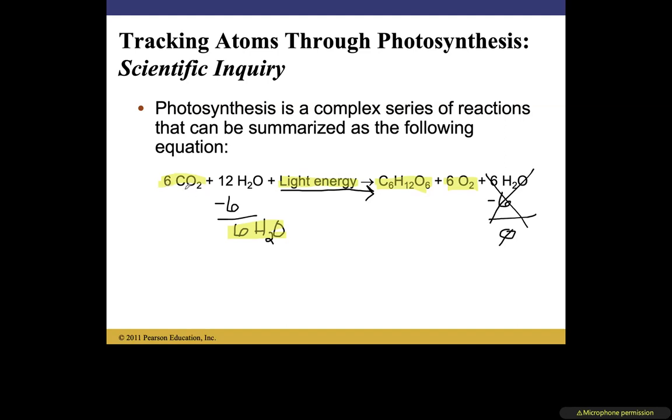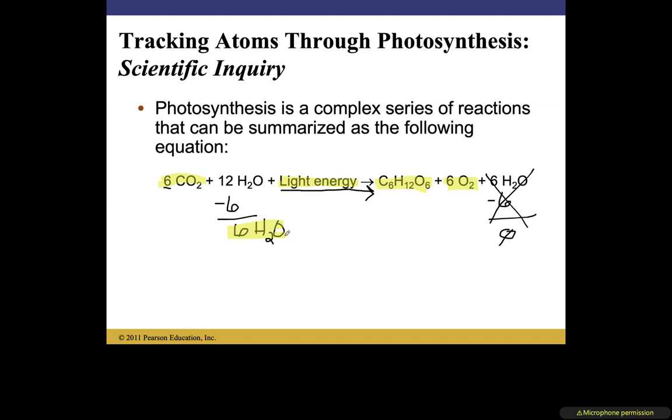There are 6 carbons, right? And that's it on this side of the arrow. Over here, 6 carbons, and that's it on this side of the arrow. That matches. Over here, there are 2 oxygens in 1 CO2 molecule, but there are 6 CO2 molecules. So 6 times 2 is 12. So there's 12 oxygens so far.